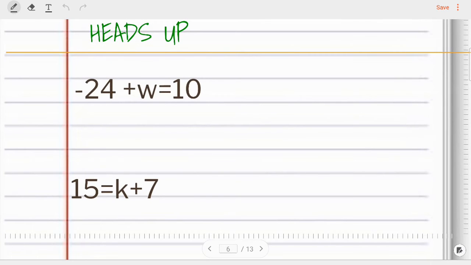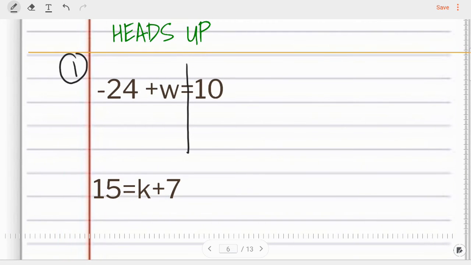Heads up. There are a few types of problems that I want you to be aware of. So the first one is this. Now if I look at this problem right here, it says negative 24 plus w equals 10. Now our first step after I draw my balancing sign is to identify the operation.